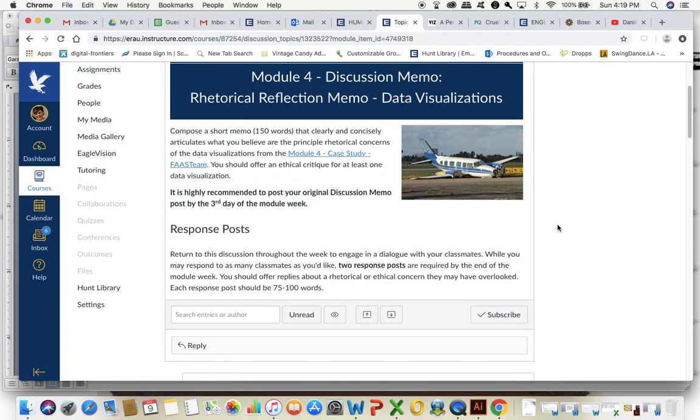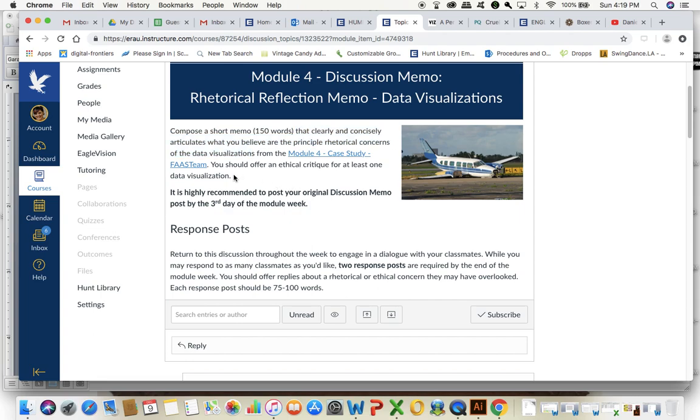The rhetorical reflection memo is another memo. It's 150 words, a little bit longer than the other assignment, and it clearly and concisely articulates what you believe are the principal rhetorical concerns of the data visualizations from that case study.